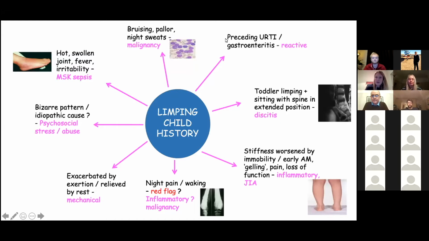There is a condition called reactive arthritis. So arthritis that's happened following something like an upper respiratory tract infection or a gastroenteritis. And often these children have recovered from their primary infection, and then maybe a week or two later, they seem to have problems with their joint, often the hip, and they seem to be limping.